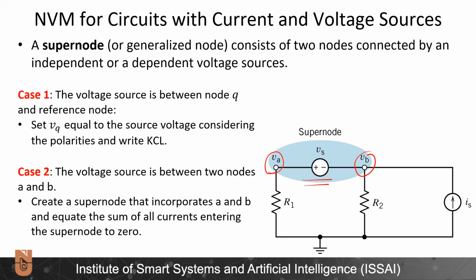That information is coming from this relationship. VA minus VB is equal to Vs. In other words, thanks to the voltage source here, I know the relationship between the node voltages VA and VB, and therefore I write this additional equation and can solve the question.